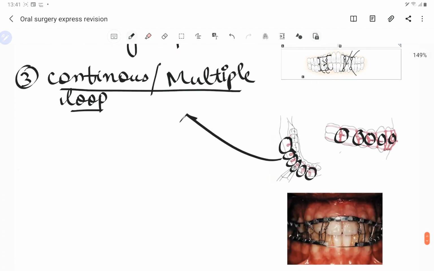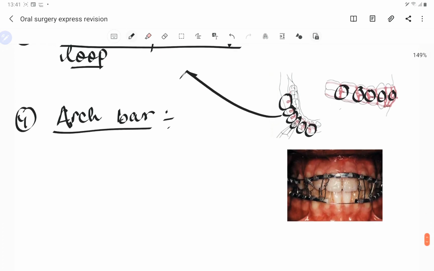Next one we have are the arch bars. So arch bars are the bars. If you can see here in the maxillary teeth, we are taking a side profile, guys. In the maxillary teeth, the hooks are facing upwards like this, and in the mandibular teeth, they are facing downwards, so that you can either put the wire or you can put elastics, any of it.